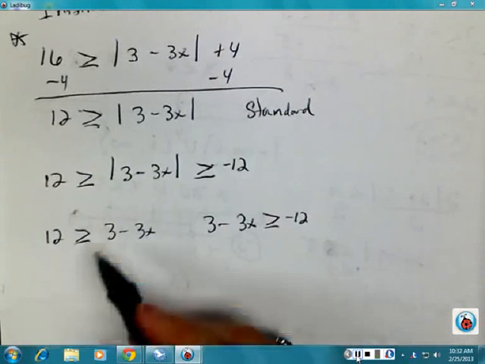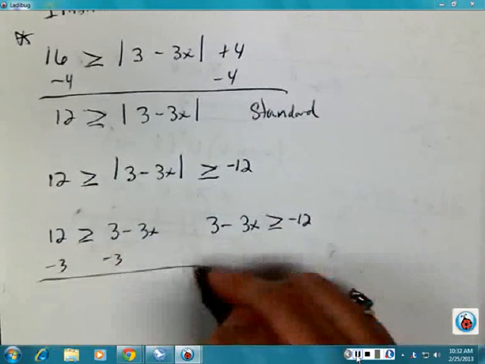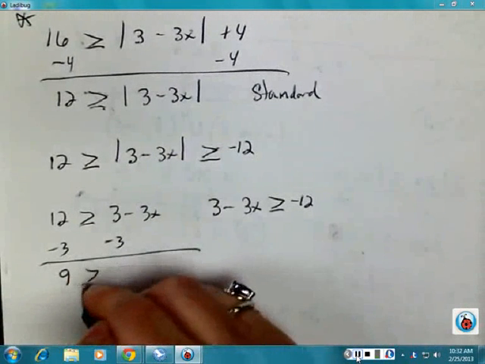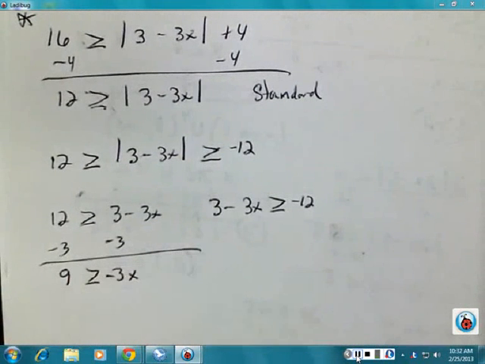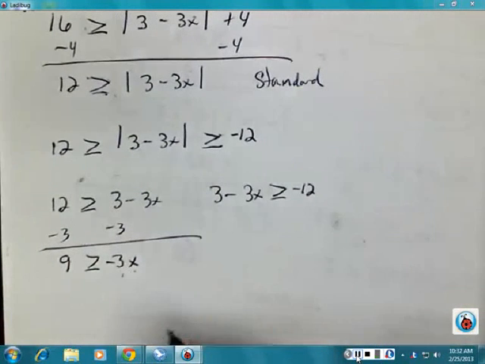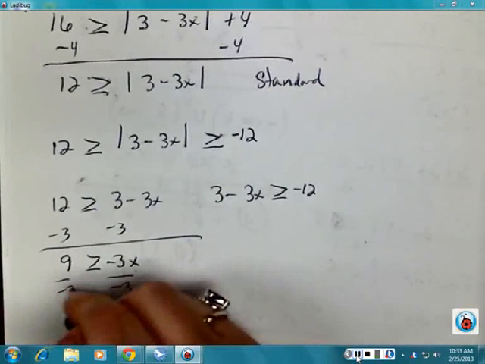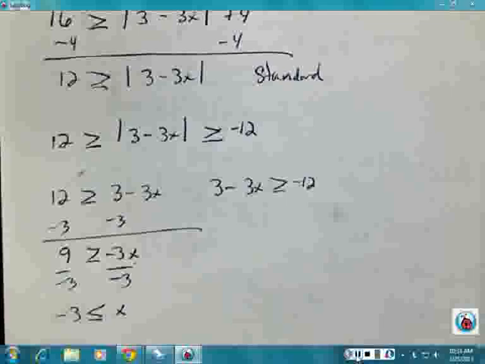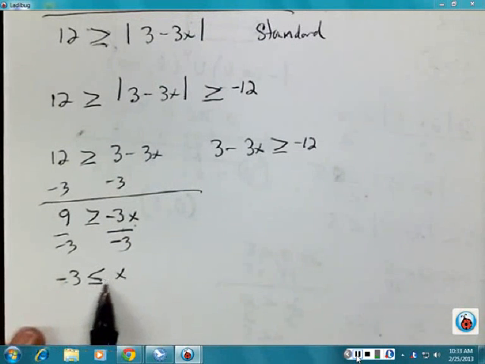So I minus 3. So what's 12 minus 3? 9. But because this is a negative 3, what has to happen? You gotta flip the sign. Yep, you divide by negative, so you flip the sign. So, negative 3 is less than or equal to x.